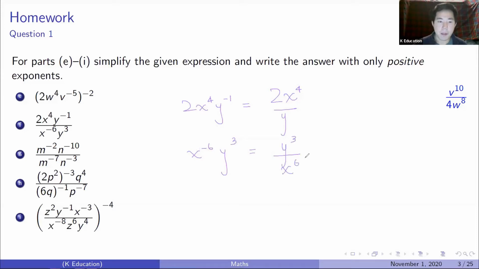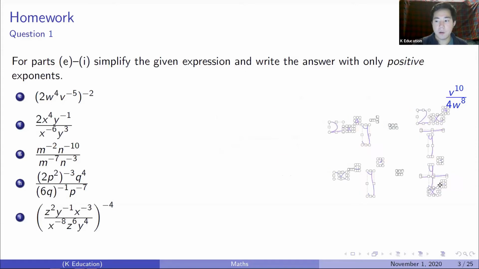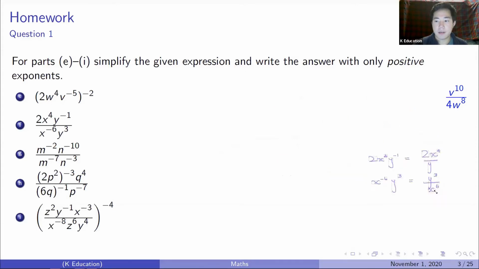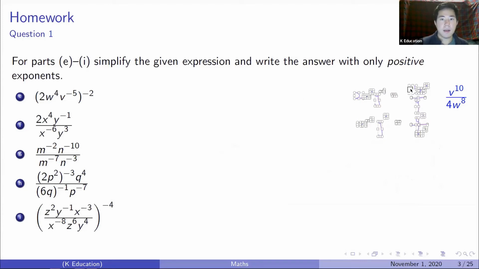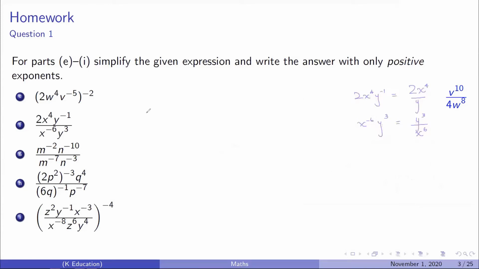Okay, now let's put it together. We need to do that fraction calculation. So wouldn't it be on the opposite, because x to the power of minus 6 is at the bottom?